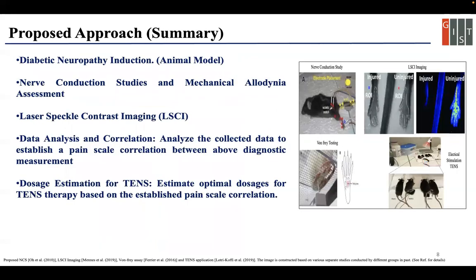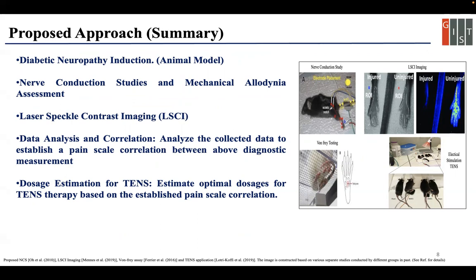And finally, the approach will be like this. I want to establish this model. I want to do the nerve conduction studies and mechanical allodynia along with the laser speckle imaging. And with that, I will do the data analysis and correlation.